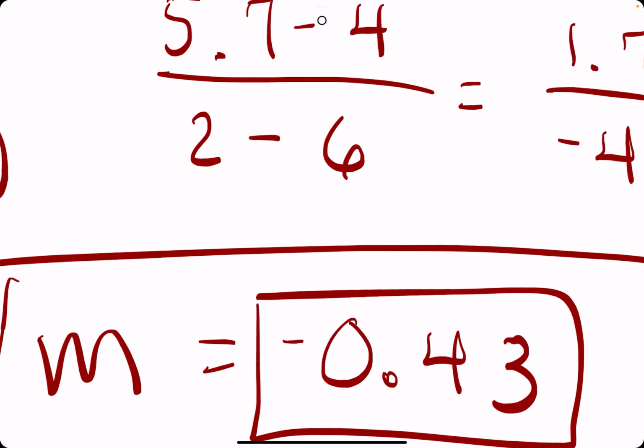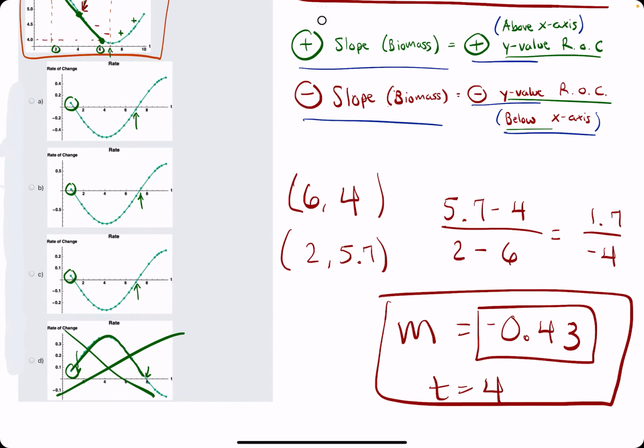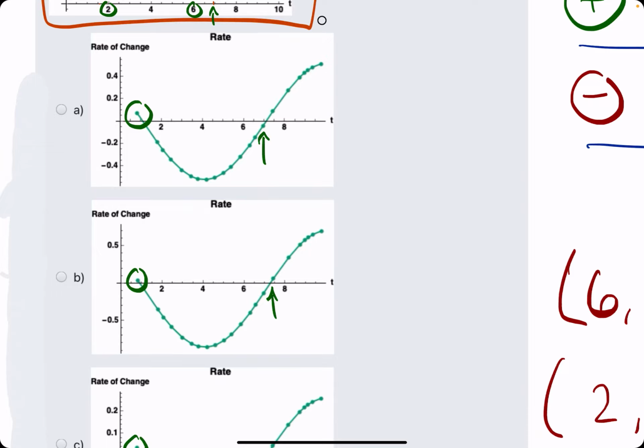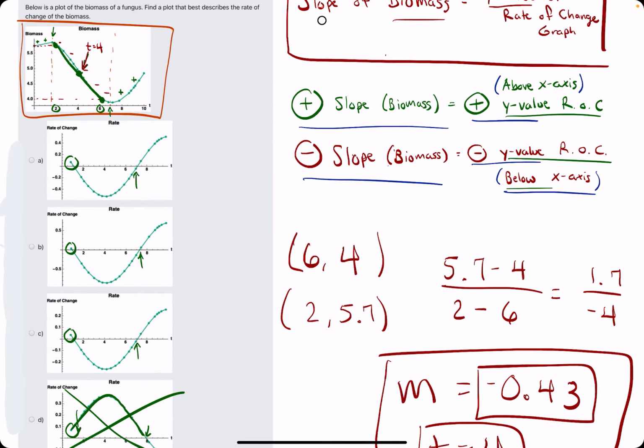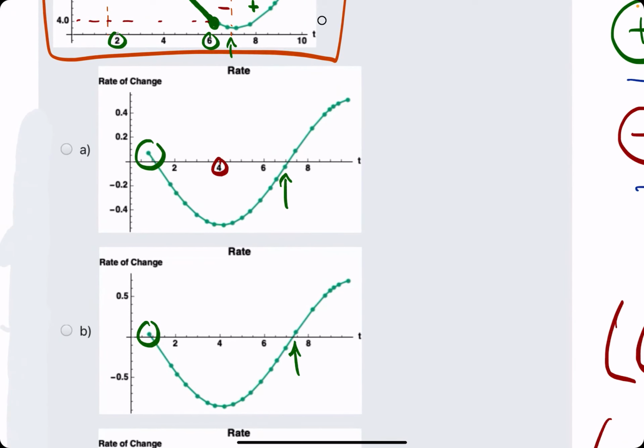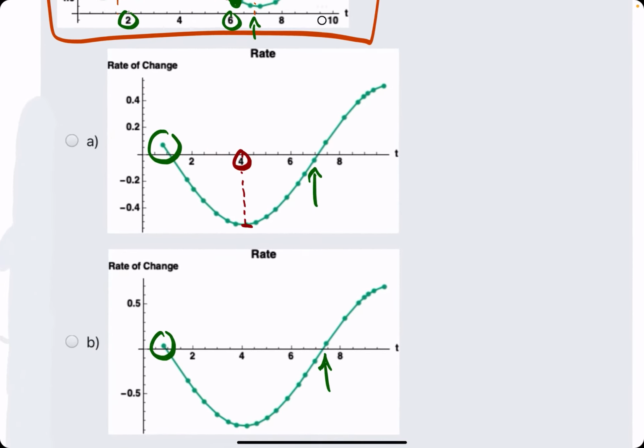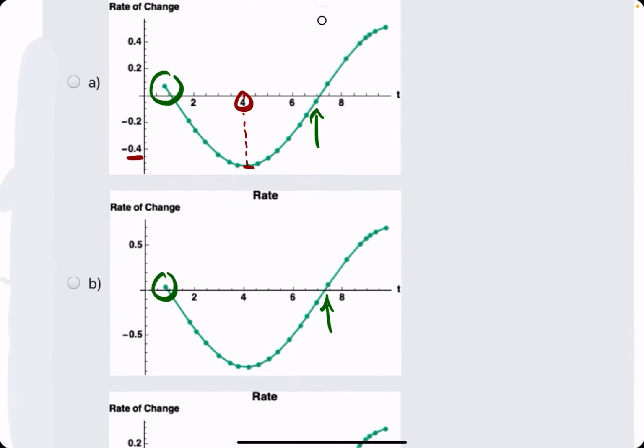All right, so now, because this was the slope of the original graph at t equals 4, this value, negative 0.43, should correspond to the y value at t equals 4 on the rate of change graphs. So we're looking for, at t equals 4, do we have a y value of approximately negative 0.43? Option A looks okay. It looks pretty good. It's just below negative 0.4, essentially.